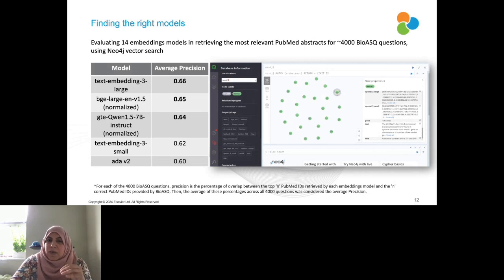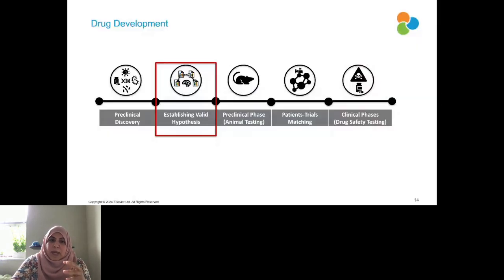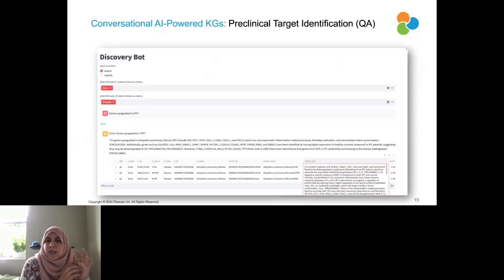Based on that, I have used Flag embeddings with many customers. The first use case I had was preclinical target identification, where the customer asked for genes upregulated and downregulated in a specific disease. We built this user interface on top of the knowledge graph, where the customer asks a question, and then gets all the results from the literature with the co-occurring entities and a summary for the answer of the question.